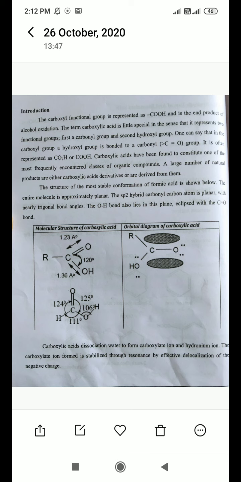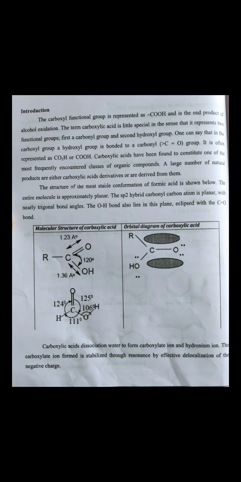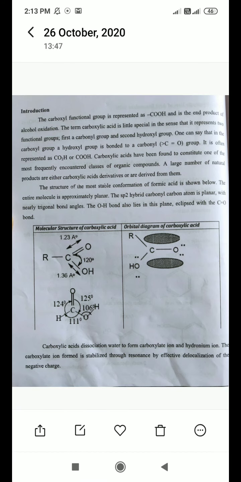If we subdivide COOH into two groups, then it becomes C double bond O, which is the carbonyl group, and OH, which is the hydroxyl functional group.